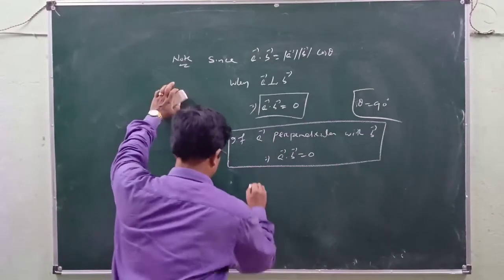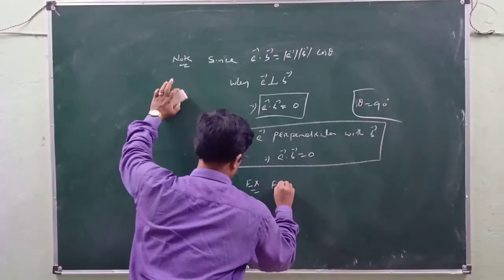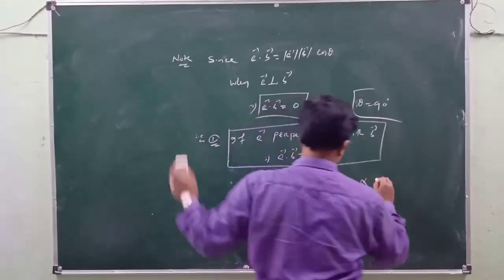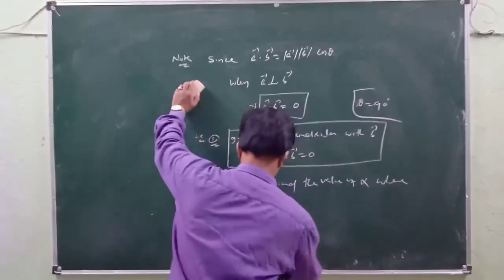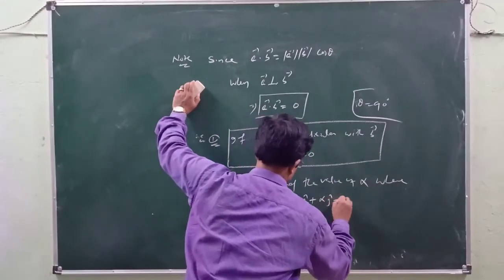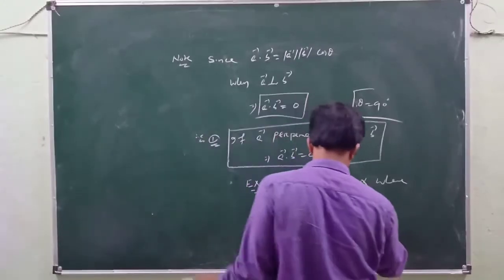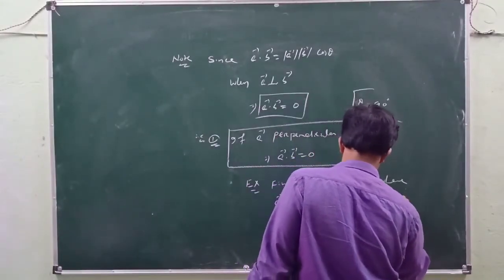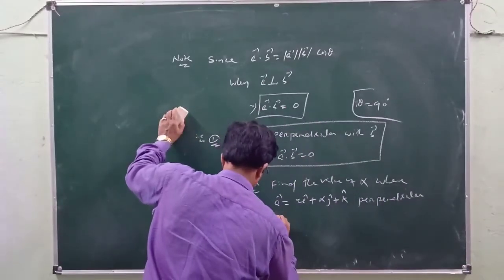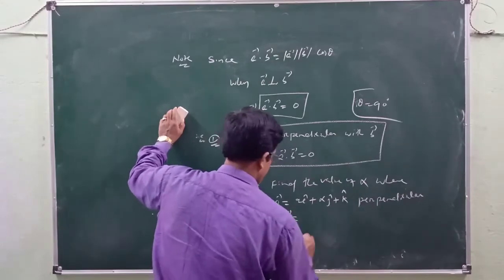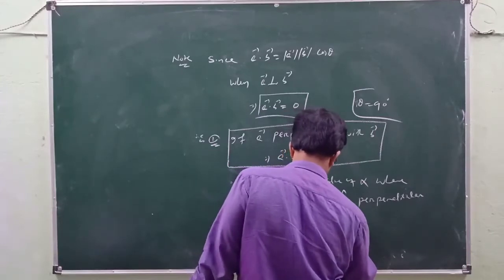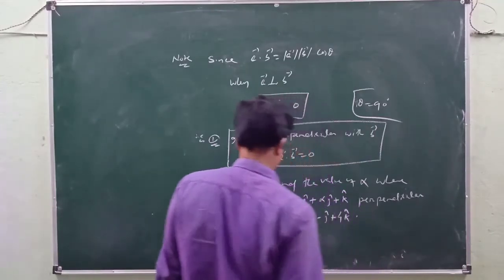For example, find the value of alpha where A vector, that is 2 I cap plus alpha J cap plus K cap, is perpendicular to B vector, that is 3 I cap minus J cap plus 4 K cap.